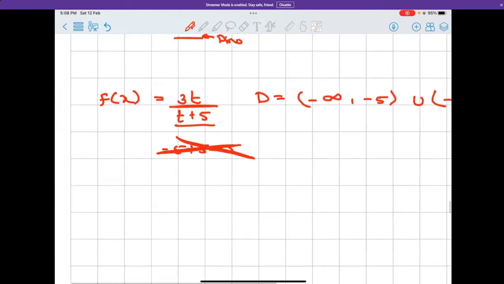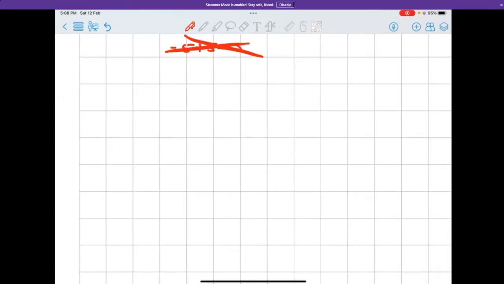Oh, sorry, hold on, one more example. This next example, we're going to have two values that have to be excluded from our domain. So we have f of x equals x plus 2 all over x squared minus 1. Now, because this is squared, we know that there are two values that we cannot use, which are going to be negative 1 and 1, because if we put them, they're going to equal 0.